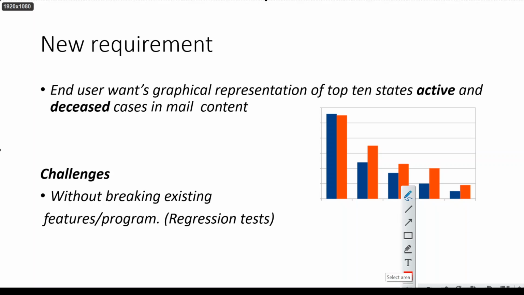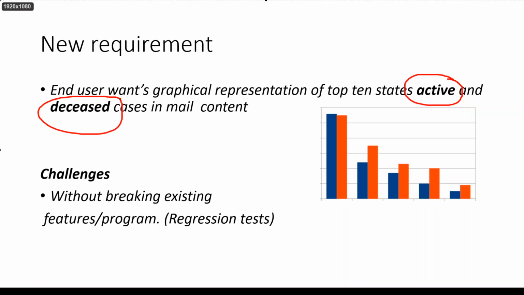Our current module handles the active cases, which means it displays the active cases. Now I also need to find out the deceased cases, which is inside the JSON. So the changes would be in reports, and within reports there are several functions we wrote.